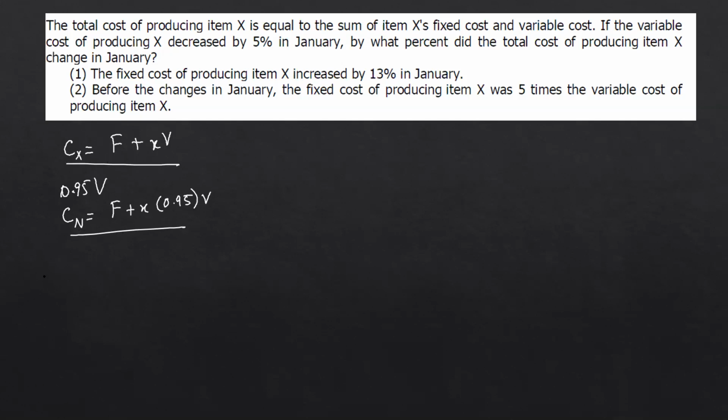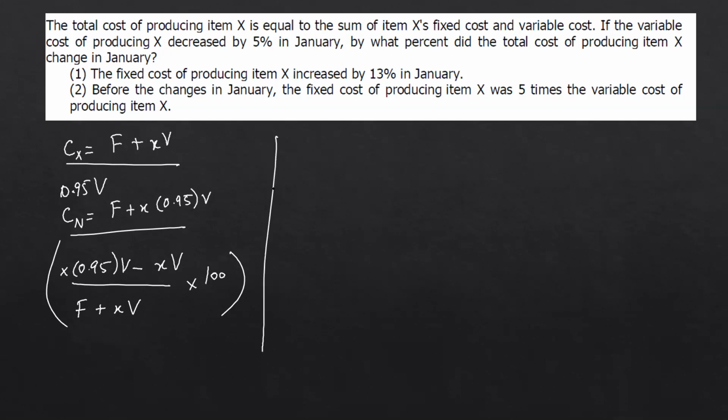That is this minus this, so it is going to be X into 0.95 V minus X into V, divided by the base, which is F plus X into V, into 100. That is the percentage change. So if I get F in terms of V, I'm golden, because then V will cancel out. Of course, there are a lot of variables here. Let's actually see what we get.